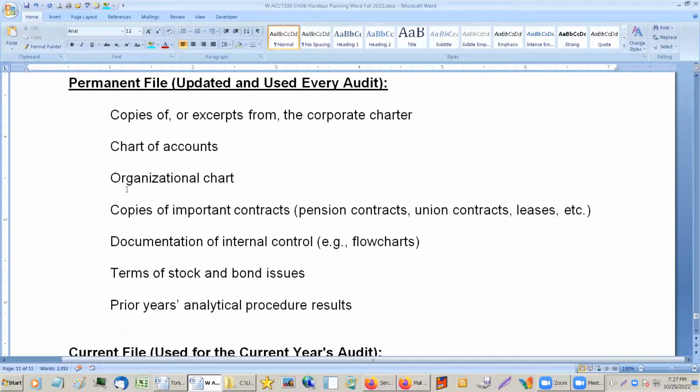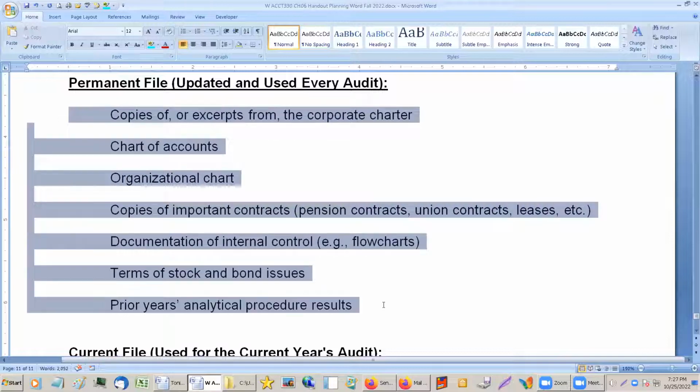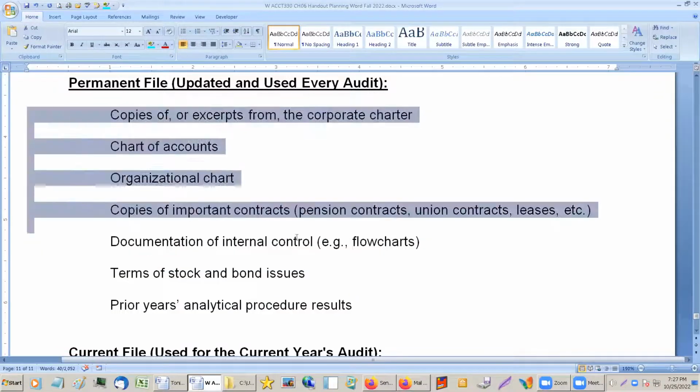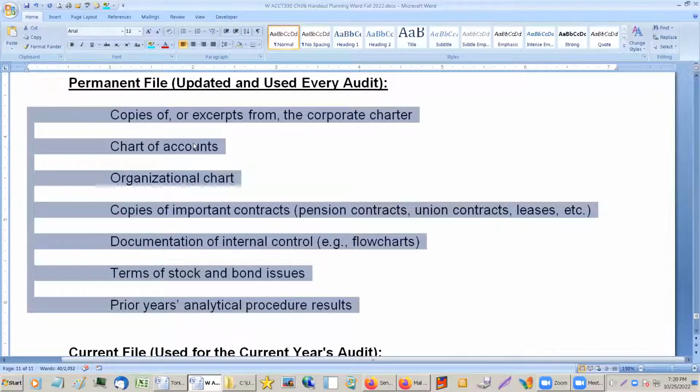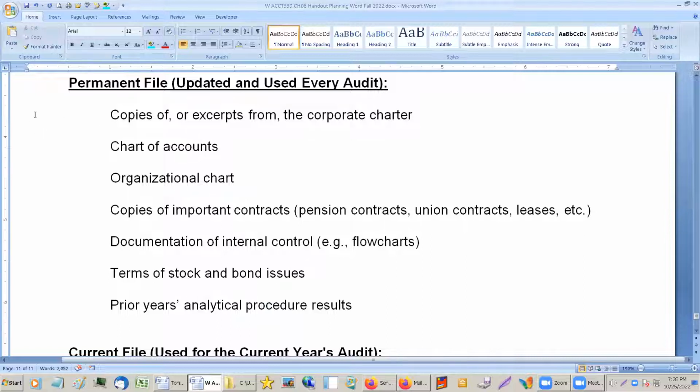Permanent files are those things you'll keep from year to year. You can look over these, there's nothing too crazy, but a lot of these things are just things that you will keep from year to year, and you'll probably update these. For instance, like this organizational chart, someone may have come in, you'll simply update it from year to year.